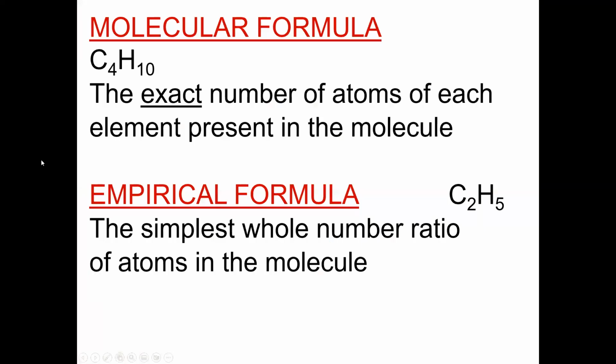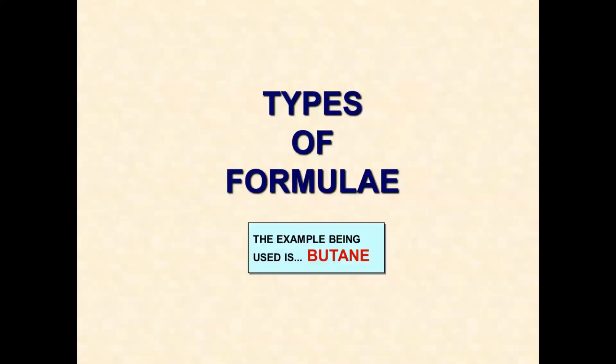Types of formulas. Number one, molecular formula. Molecular formula, like C4H10, is the exact number of atoms of each element. So it shows the real picture. What is empirical formula? It is the simplest whole number ratio of atoms in the molecule. I'm using butane in this example.